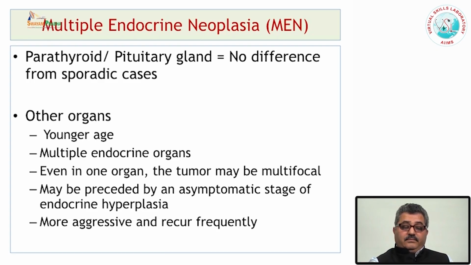These occur at a younger age. There is multiple endocrine organ involvement. There can be hyperplasia, there can be adenomas, and as compared to the sporadic cases, they are more aggressive, they are multicentric, and the chances of recurrence are more common.